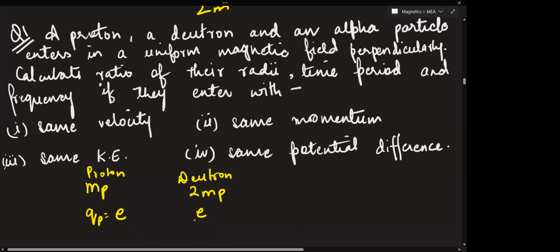And the charge on a deuteron is the same. And then what is another particle? Alpha. The alpha particle has a mass 4 times the mass of the proton, and the charge is double that of the electron or proton. Remember, this data is not a part of the question. I have told you this, so you have to remember all these.